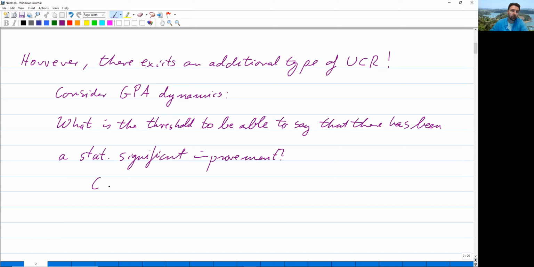Well, what we need to do is compare improvement with standard deviation.